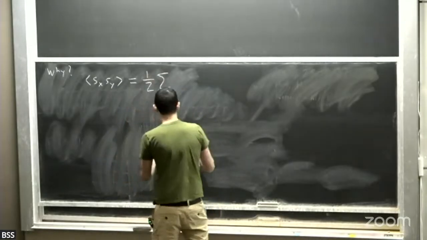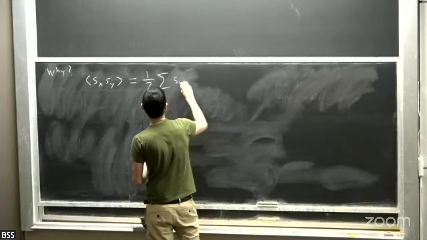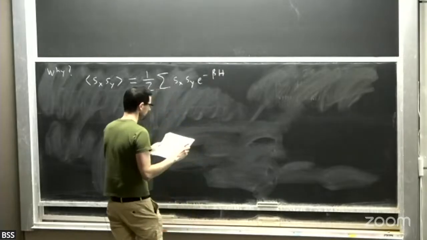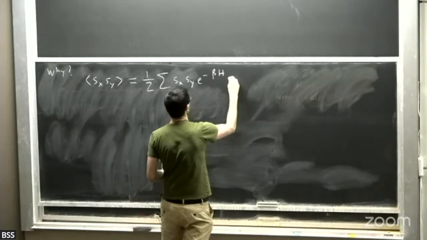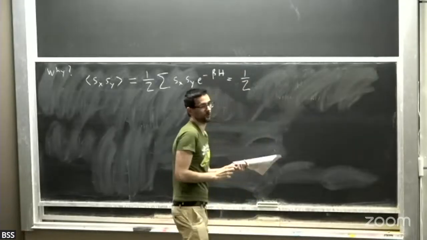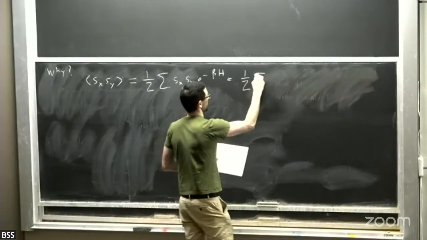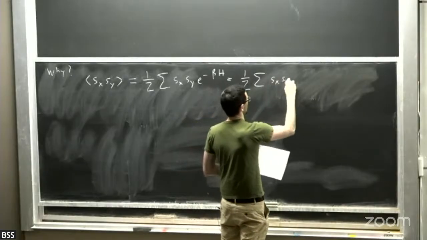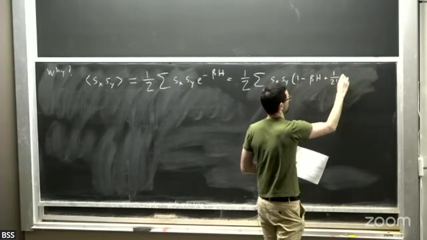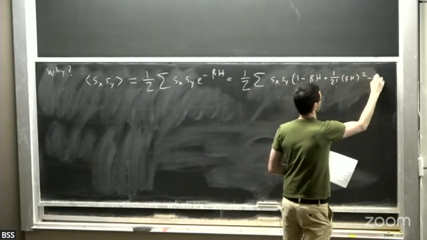So remember that this is the calculation we're trying to do. And okay, if beta goes to 0, we could always try to just Taylor expand this exponential. So we could say like 1 minus beta h and so on.